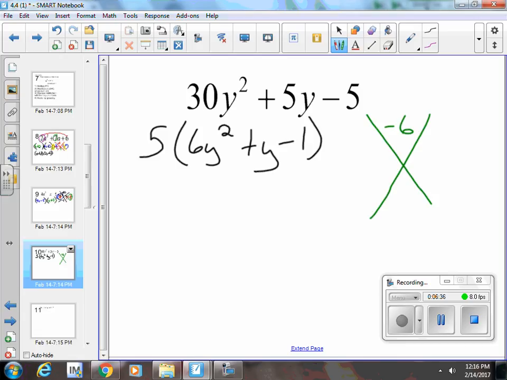I need factors of negative 6 whose sum is positive 1. And here I've got a negative, so I'm going to be subtracting. So I've got 3 and 2. And I'm going to subtract them. That makes 1. The larger number has to be positive, and so the smaller number is negative.